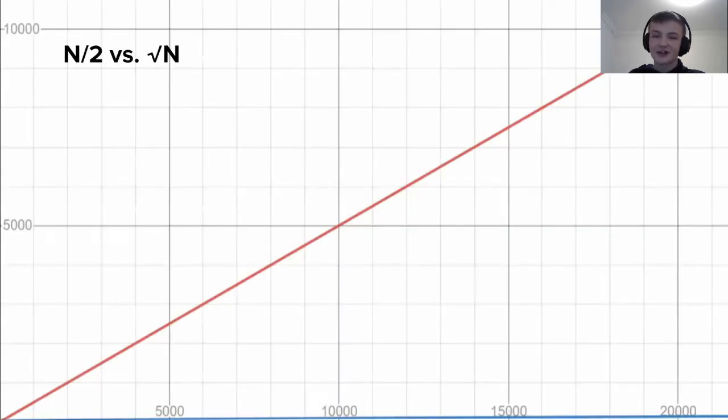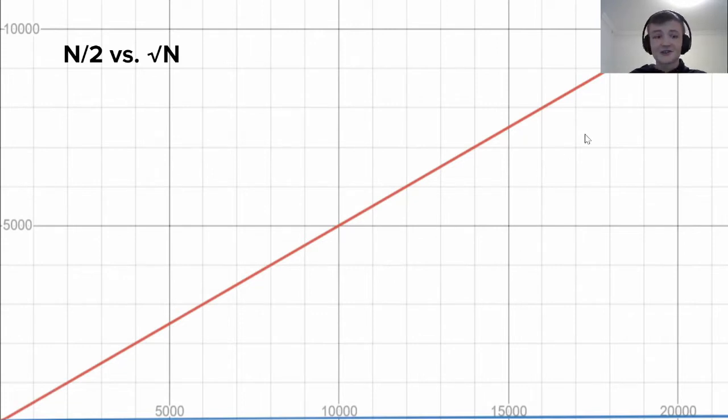Well, let's take a look at this chart. There's always a cool chart for everything. So here we have modeled in red, n over 2 versus the root of n. Now, the root of n may be a little hard to spot at first. It's actually at the very bottom of the screen. It's the one modeled in blue.